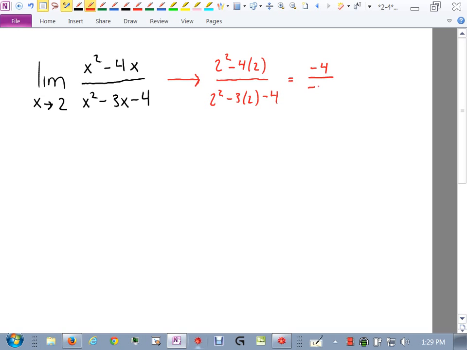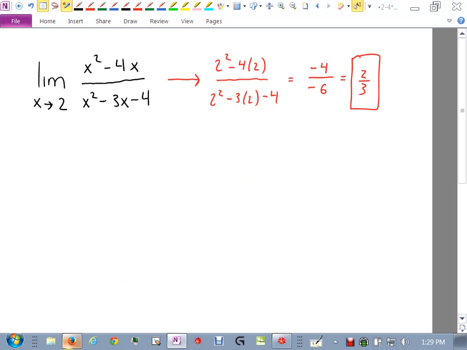Negative 6, which is just 2/3. Is that it? That's my answer. Because I did not get 0 over 0, right? I didn't get anything crazy. Because I didn't get anything crazy, my answer is just 2/3. So I'm going to say equals 2/3. I'm going to box it up, and that's my answer.